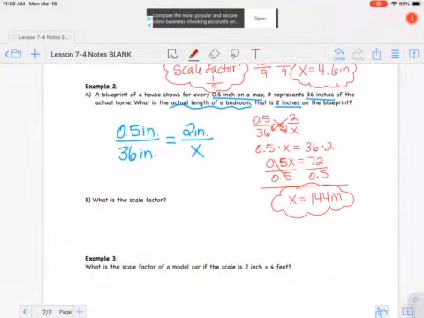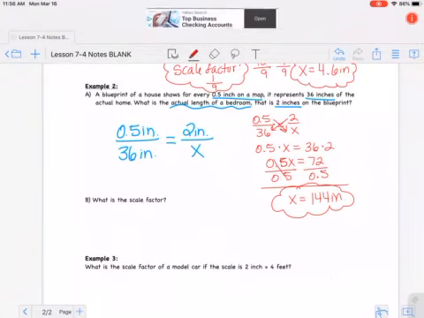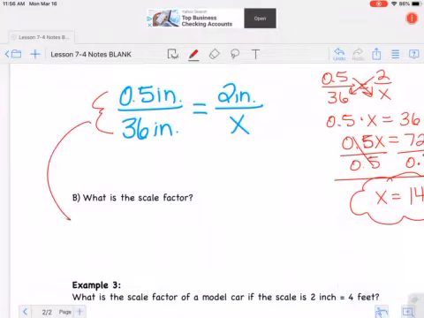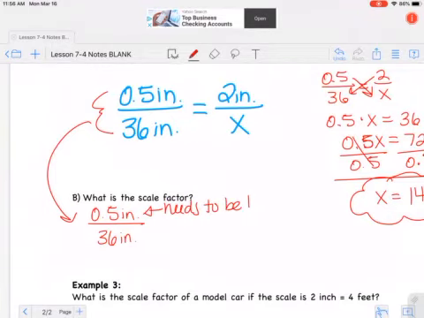Okay, so part B of this was what is the scale factor? So we're going to start with our scale of 0.5 inches over 36 inches. However, the top number here needs to be 1. It can't be a decimal, it has to be a whole number. So how do we get from 0.5 to 1?